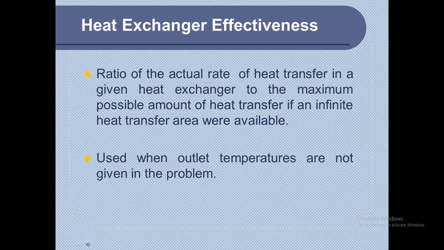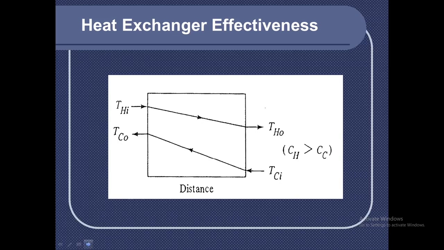So in terms of effectiveness, we have this particular orientation on how we write our hot fluid and our cold fluid temperatures. So the hot fluid is on top, and the low temperature fluid is at the bottom.